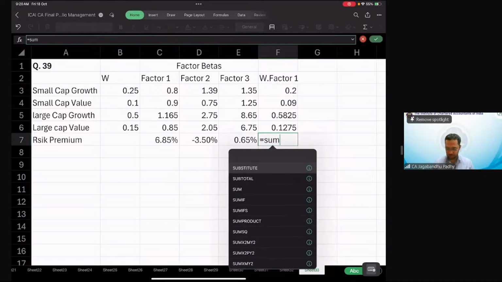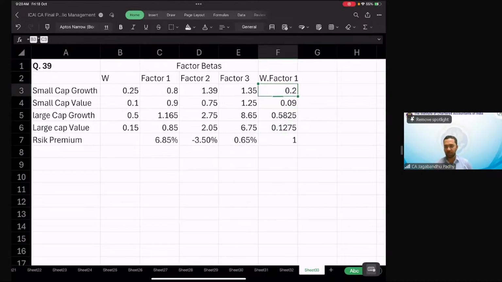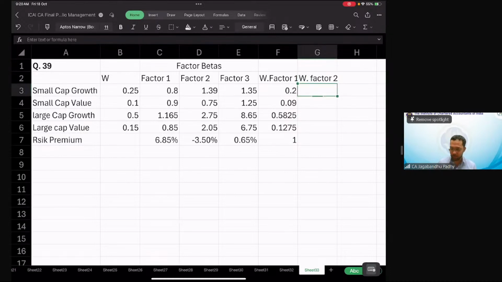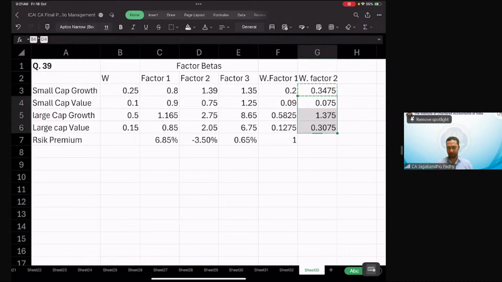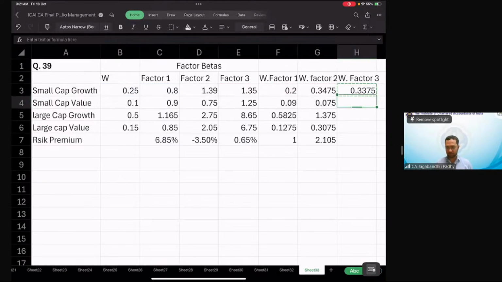Right? And then we take a sum of it. Same way, we calculate weights multiplied by the second factor beta, and we take this as a total. And then again weights multiplied by factor 3, and then we take the total of it.